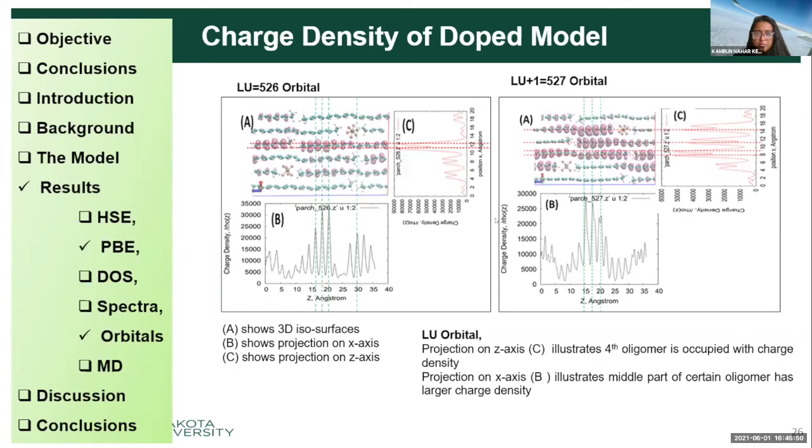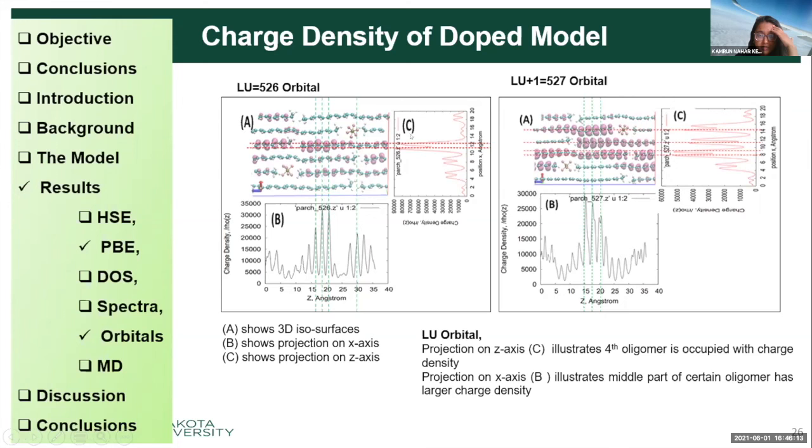So we plot actually the same things for the LUMO and LUMO +1. In the LUMO, the fourth oligomer is occupied with more charge density. That's why it shows a highest peak in the X direction.